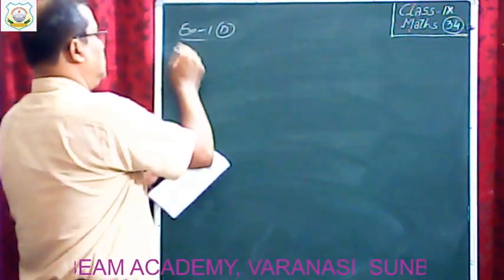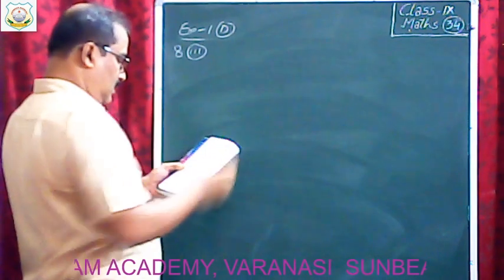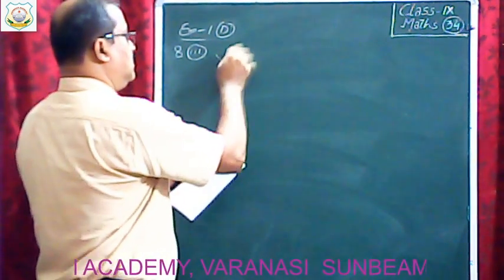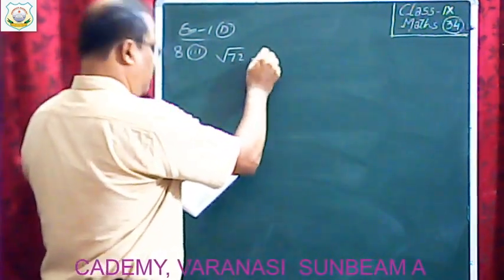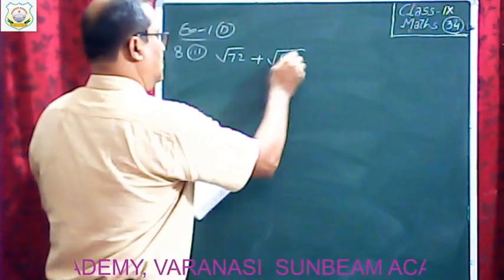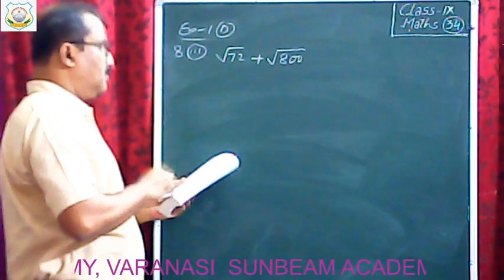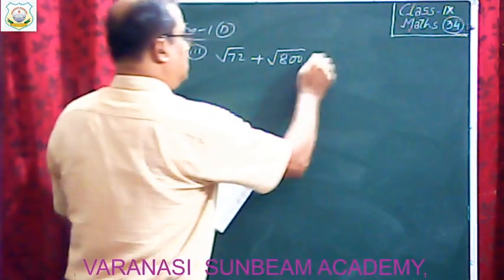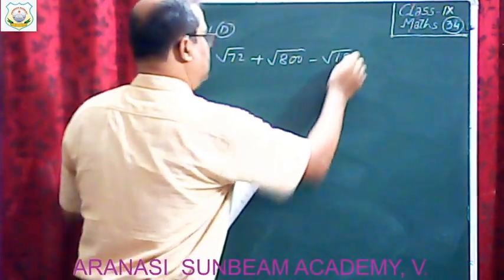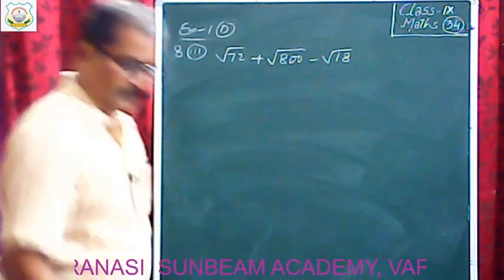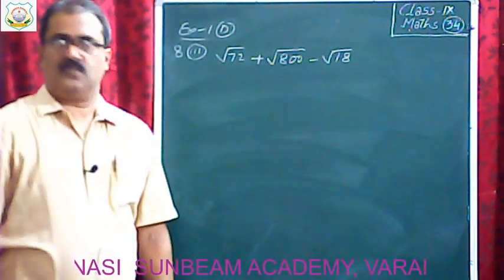Similarly, you have to do question number 8/3. Square root 72 plus square root 800, okay, minus square root 18. The last question of the exercise.